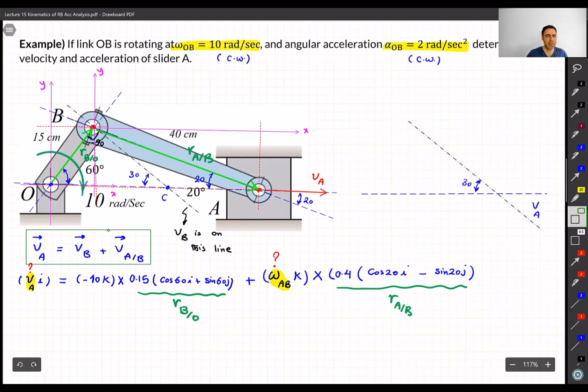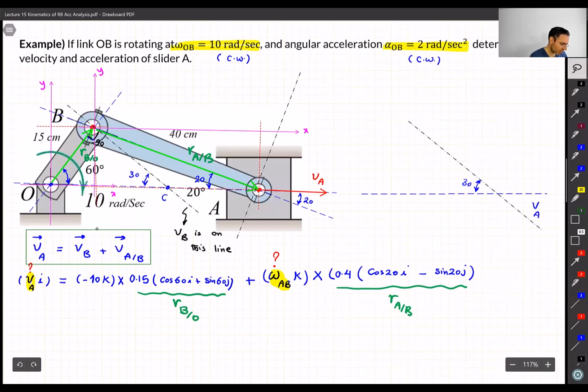Now I need VA with respect to B. So keep in mind, try to visualize when we say VA with respect to B, it means B has now been pinned to the ground and A is running on a circle, right? In that case, the VA with respect to B has to be perpendicular to AB, or has to be this line.